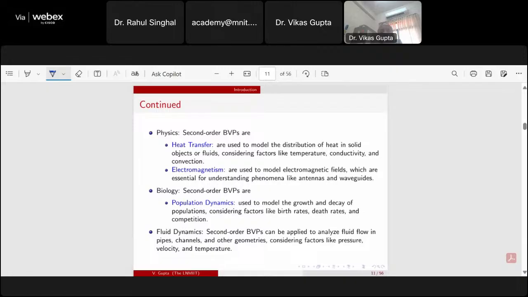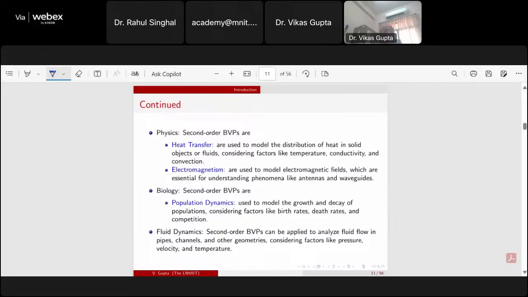Also, second order boundary value problems are used to model electromagnetic fields. In biology, population dynamics is modeled by second order boundary value problems. In fluid dynamics, second order boundary value problems often occur to analyze fluid flow in pipes, channels, and other geometries, considering factors like pressure, velocity, and temperature.